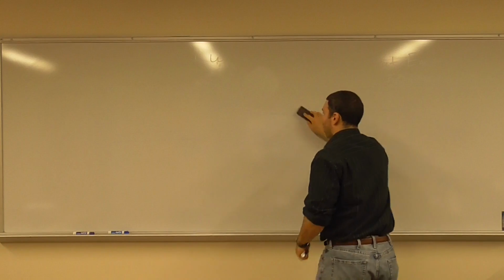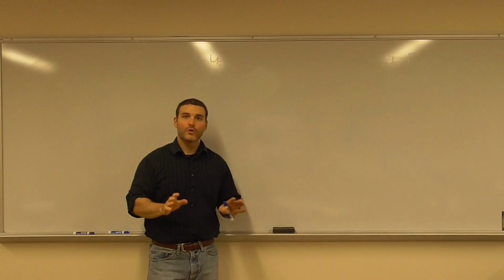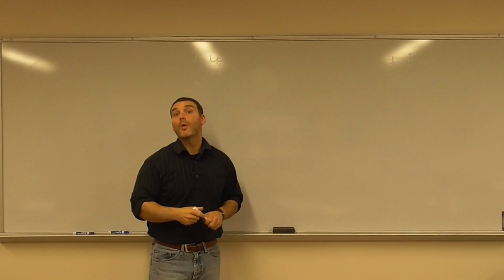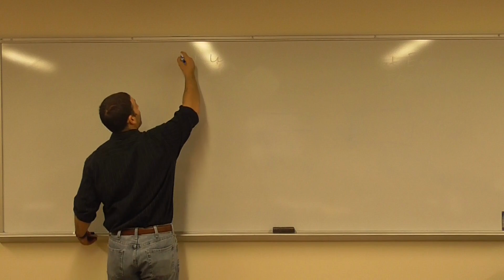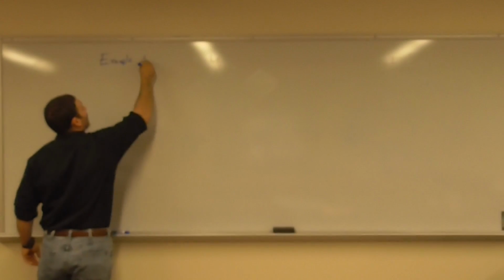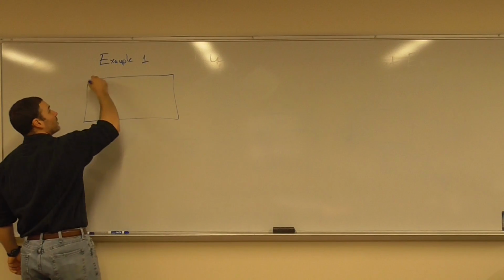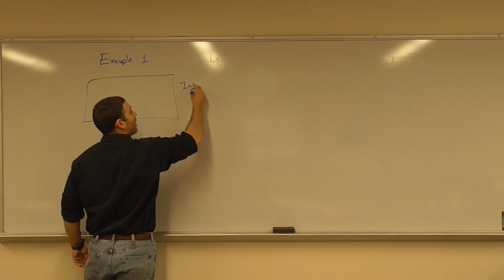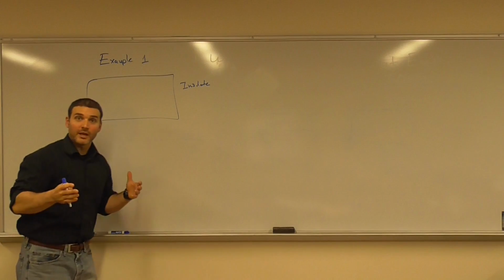So, when you think about entropy, think about the following. I'm going to do two examples here. So example one, we take a closed box, and we insulate it. Okay. So no heating or cooling from the environment.